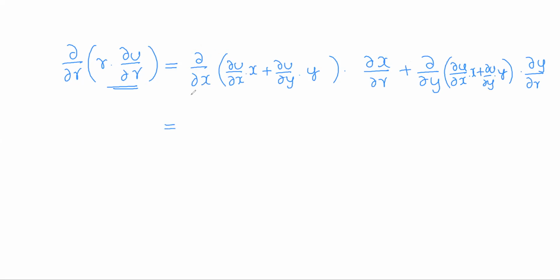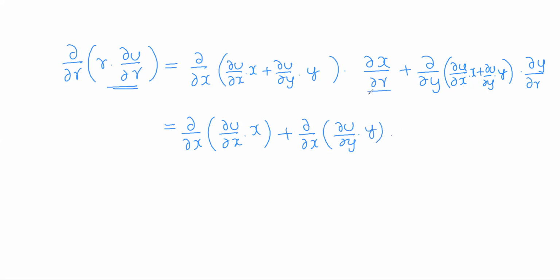The partial derivative is a linear operator, so we can split like this. ∂/∂x of ∂u/∂x into x plus ∂/∂x of ∂u/∂y into y, into ∂x/∂r. That is differentiation of x with respect to r partially.